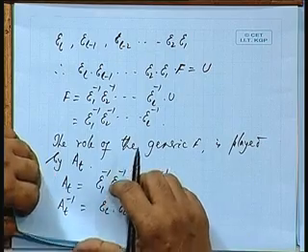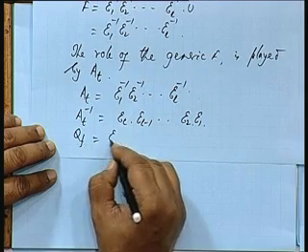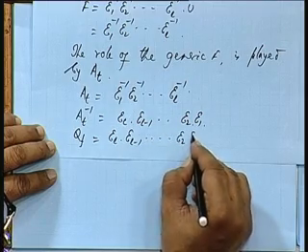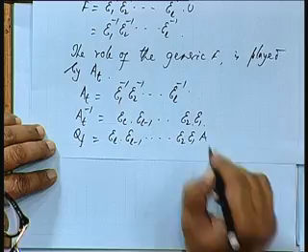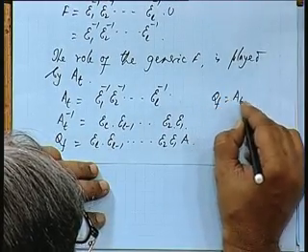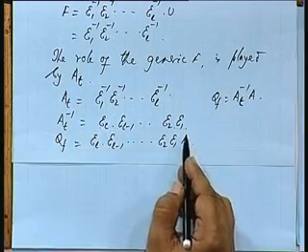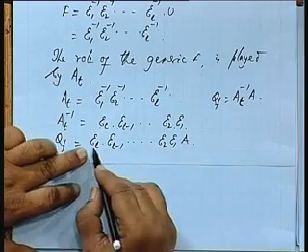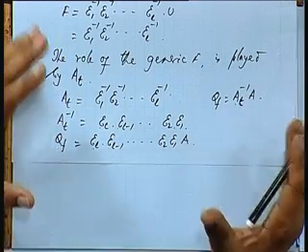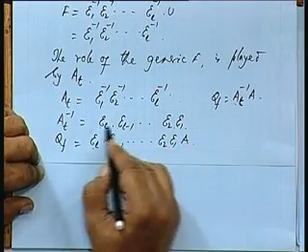Therefore, what will be Q? QF is E_(L-1) and so on, E2, E1 into A, is it not? Because QF we know is AT inverse A, and AT inverse is obtained by repeated elementary operations like this. So, the repeated operations on A will give me QF. AT inverse can be conceived as the product of such elementary matrices.